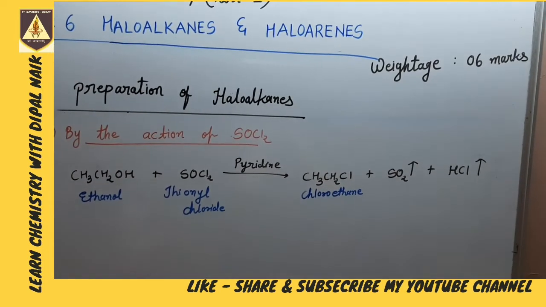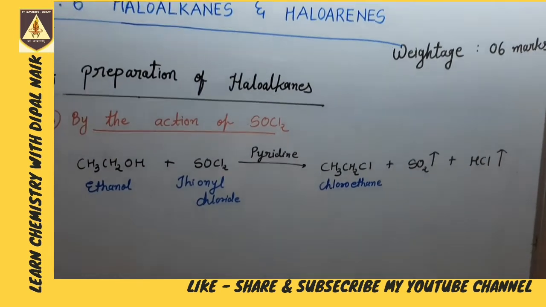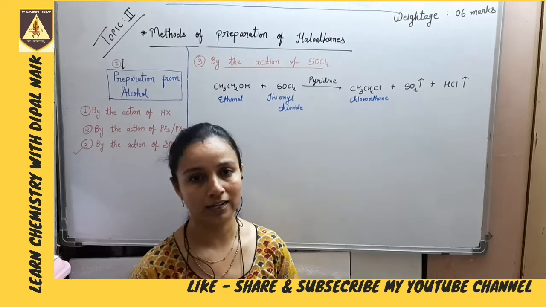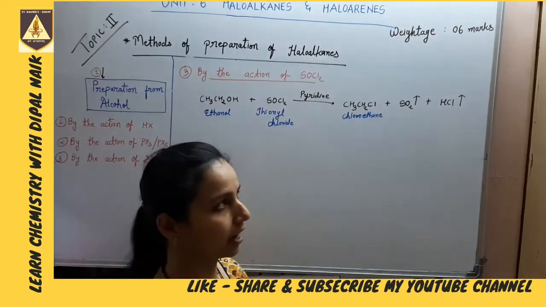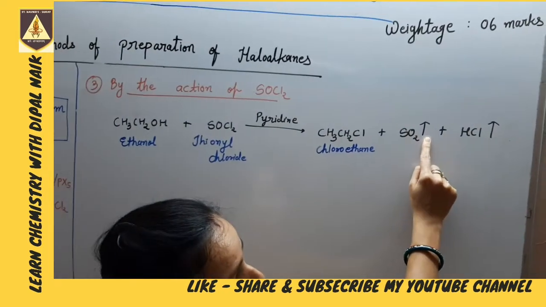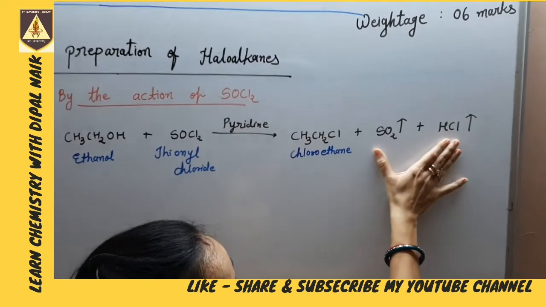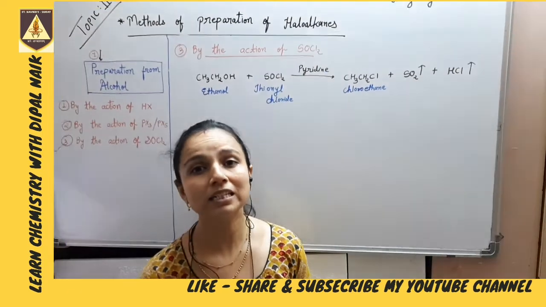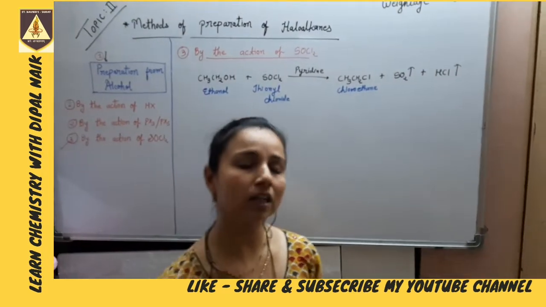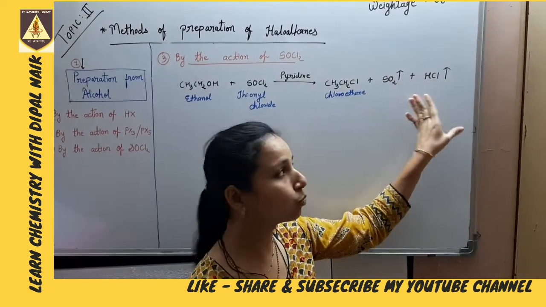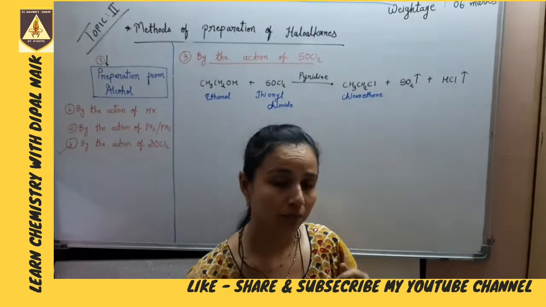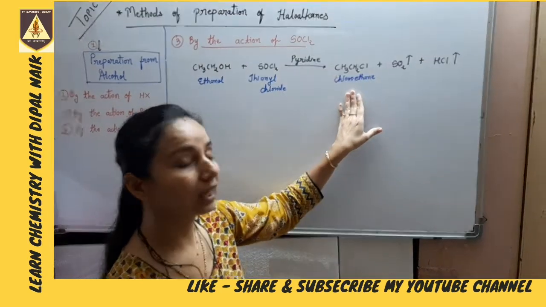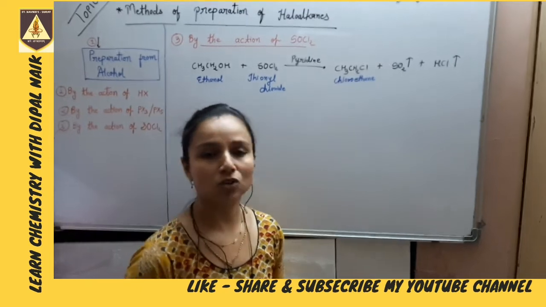Okay, why is this reaction very important, or industrially very useful to prepare haloalkane? The answer is here in the reaction. You see SO2 arrow, HCl arrow, means these two byproducts are produced in the form of vapor, that means in gaseous state. So it is very easy to remove these two gases from the reaction mixture, because these byproducts are escapable. That's why chloroethane in liquid state we can extract easily.